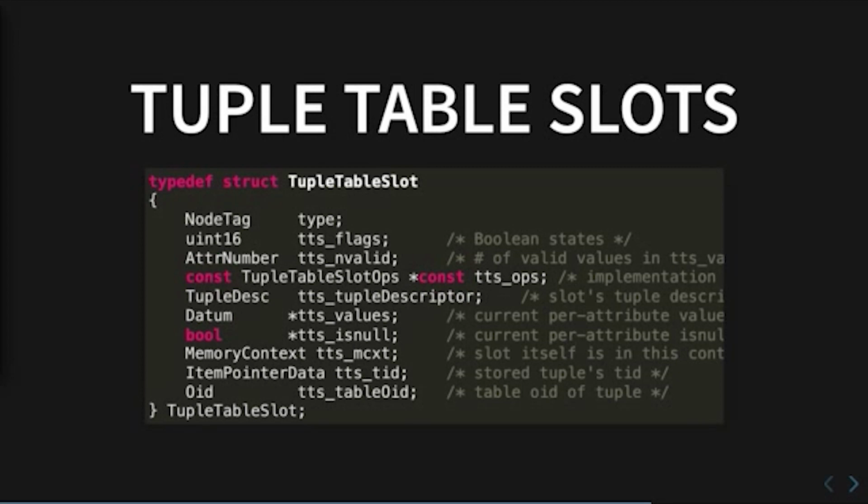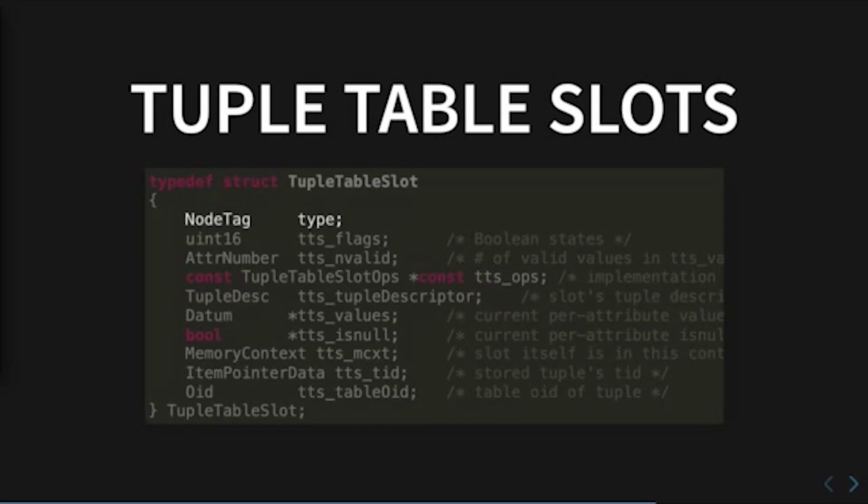Each tuple here gets kept in a tuple table slot. A tuple table slot is also a node, right? We've got a node type. And many of the exec nodes have these as members. We've also got a list of datums and null flags. Every other intro to Postgres talk talks about datums, so I've kind of shied away from giving too much information. If you were in the FDW talk earlier today, you would have heard a little bit about datums.